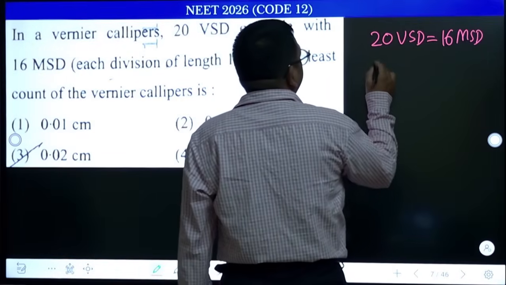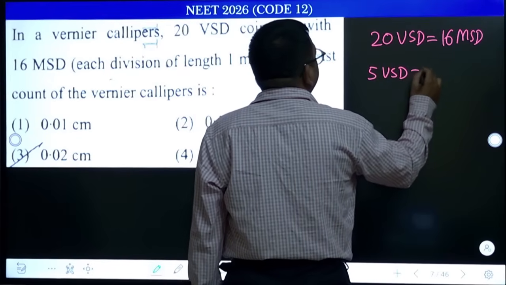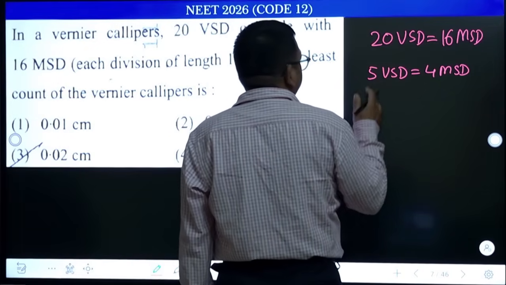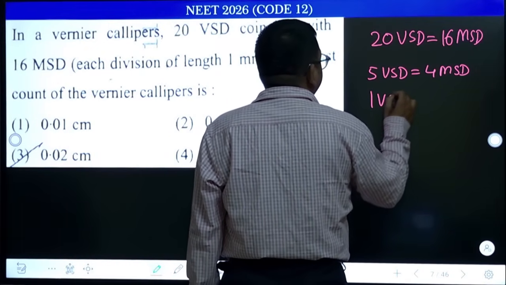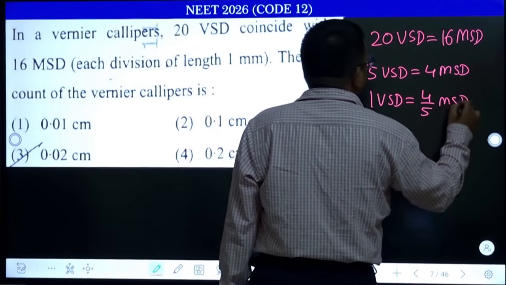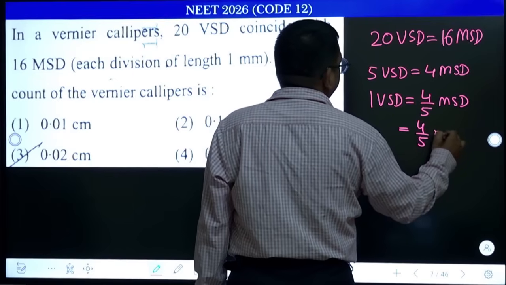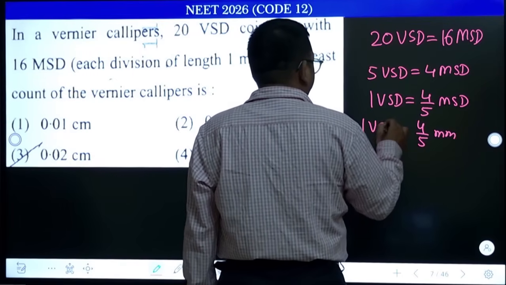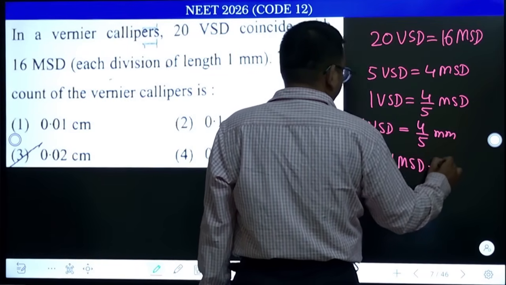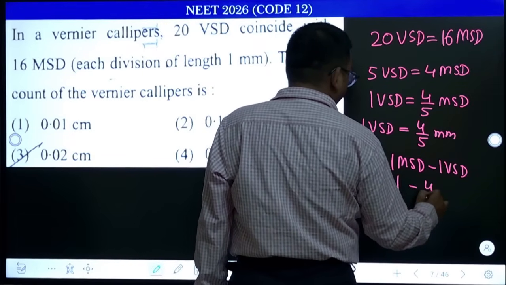So from here, you can cancel out: 5 VSD is equal to 4 MSD. So can we write 1 VSD is equal to 4 by 5 MSD? MSD means millimeter, so it is 4 by 5 millimeter, right? And if I take the least count definition as 1 MSD minus 1 VSD, then this is 1 millimeter minus 4 by 5 millimeter.